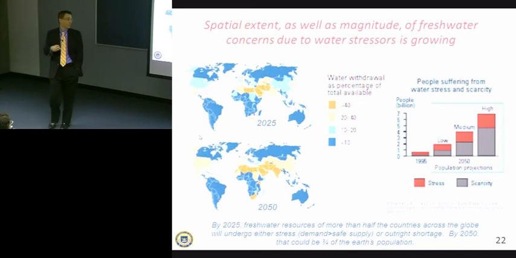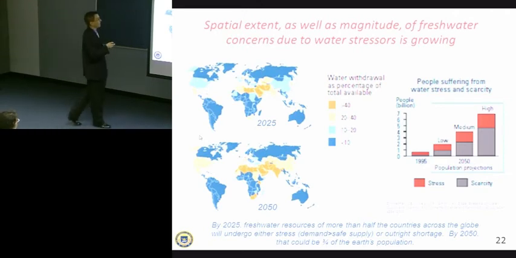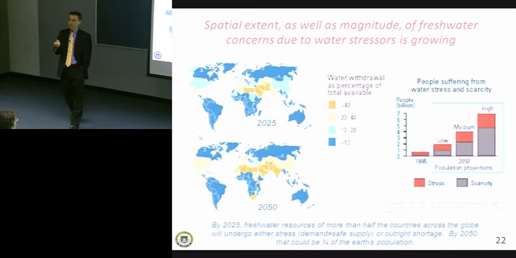What you're looking at on the left-hand side is a plot of percentage of water withdrawal relative to the total available. In orange here is an area that is estimated by 2025, here at the top, to be withdrawing more than 40% of the available water in that region.